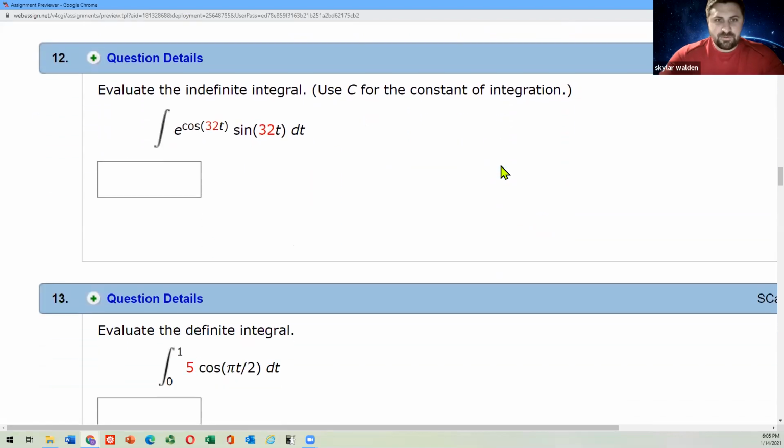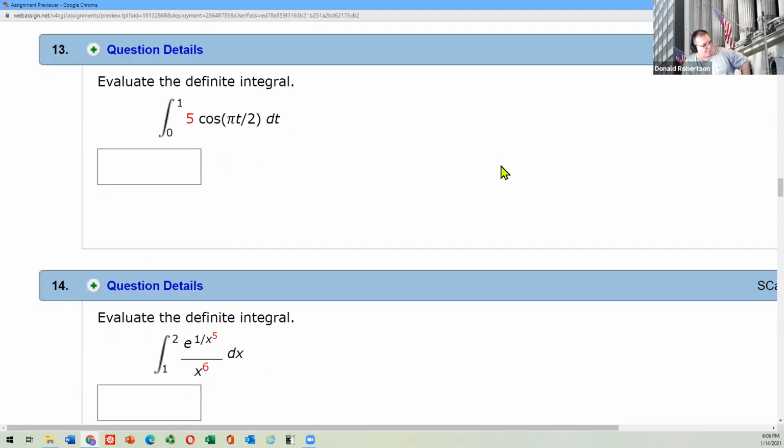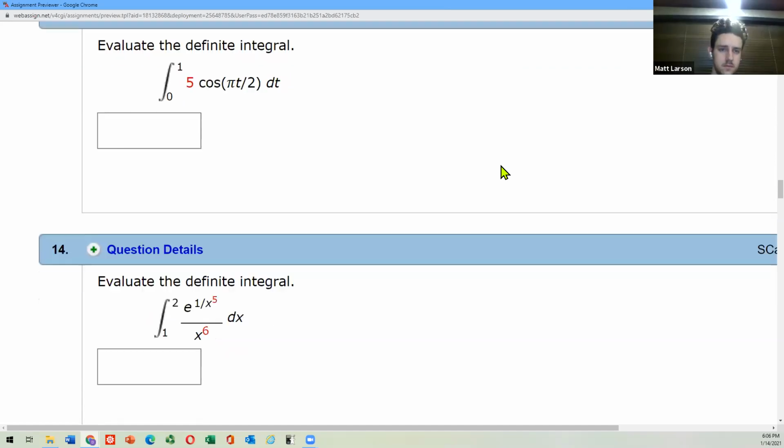Yep. 12? Cosine 32t. Yep. Weird one, but nonetheless, it is a u sub. What's the u sub in 13? Pi t over 2. Correct.